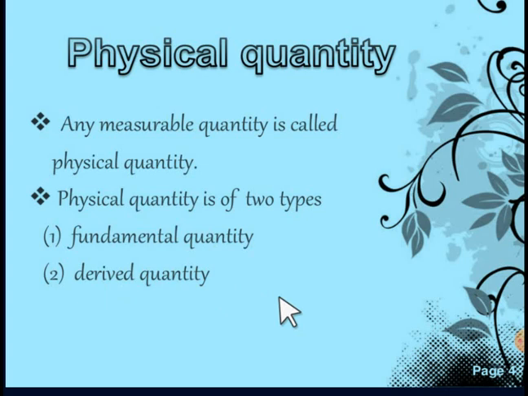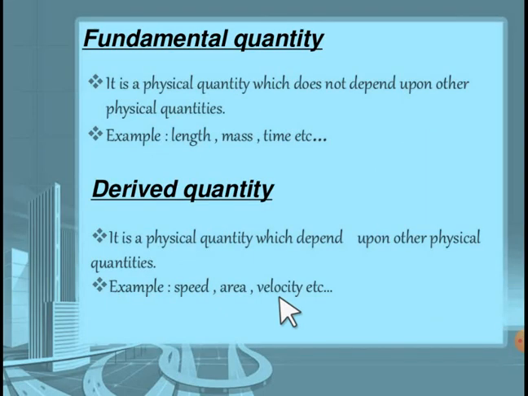Fundamental quantity is the quantity which is independent of other physical quantities. If it is independent of any of the other fundamental quantities or any other physical quantity, then we call it a fundamental quantity. Fundamental means basic. For example, length, mass, time, these are all fundamental quantities.